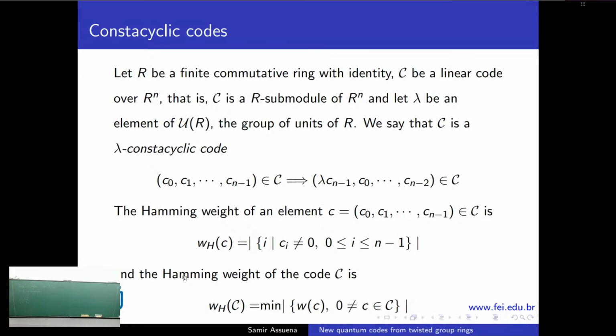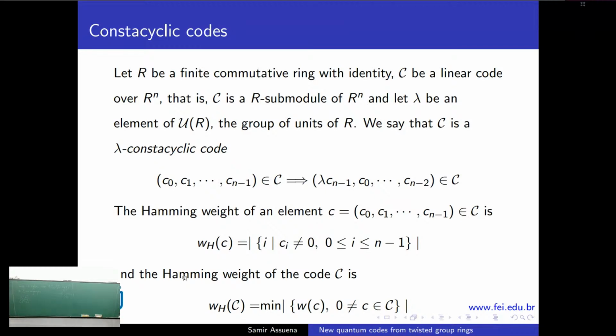Just taking R[G], this set, of course, is the set of all linear combinations where the coefficients are in the ring R and g belongs to the cyclic group C. Okay, so cyclic codes can be realized as ideals in a factor ring, and as ideals in a group ring using the cyclic group.